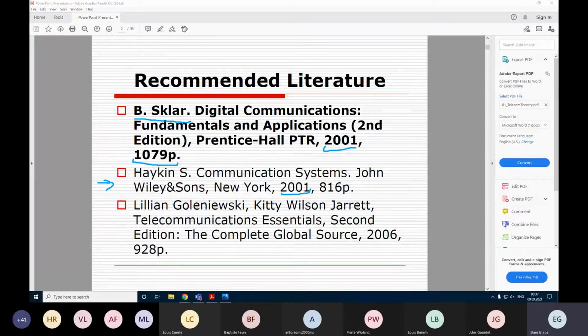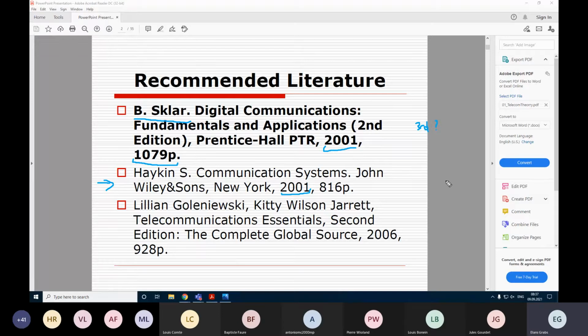So nothing really changed there, and you can still use these books. I think there should also be a third edition, which was issued more recently, but I'm not sure. Another literature to be recommended is this Telecommunications Essentials, second edition book.